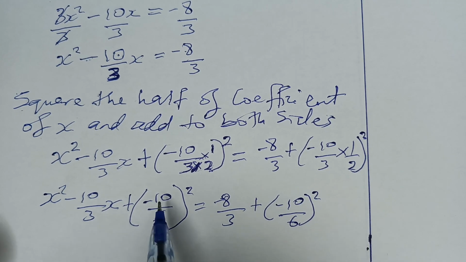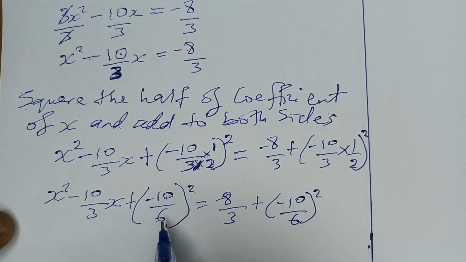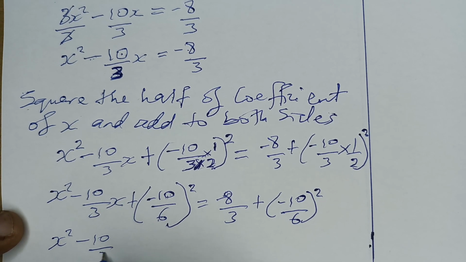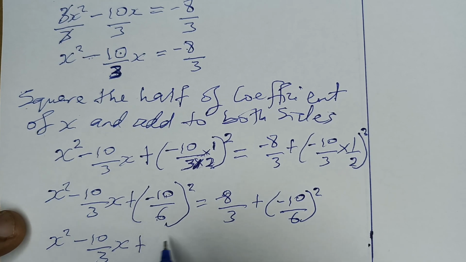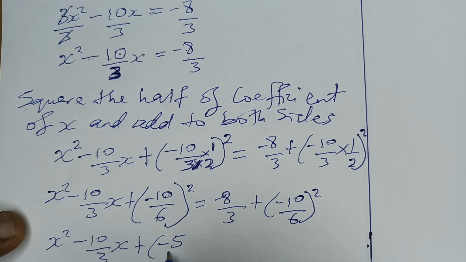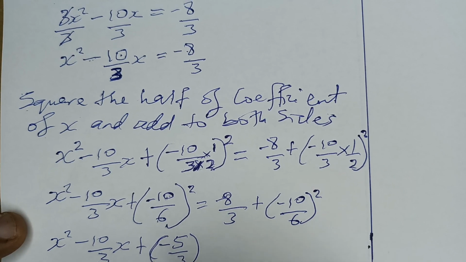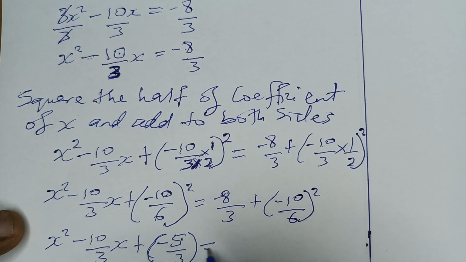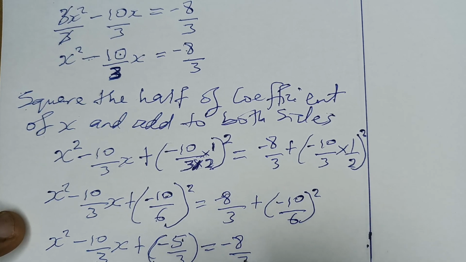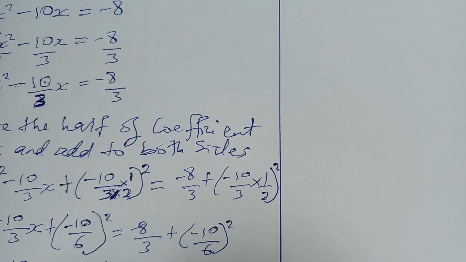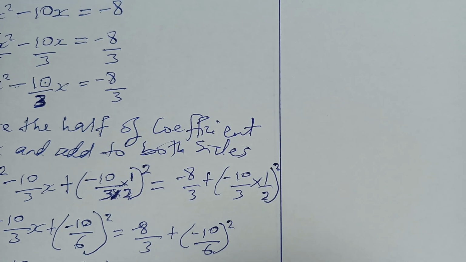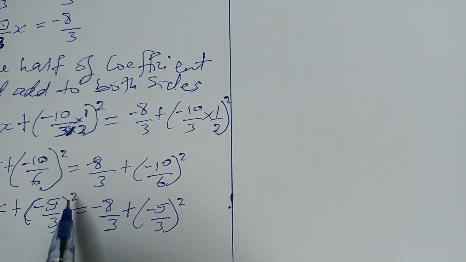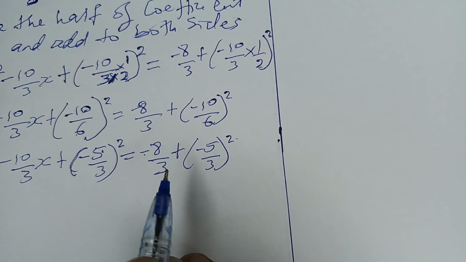In the actual sense, 2 can go here and 2 can also go here. So x squared minus 10 over 3 x plus minus 5 over 3, squared, is equal to minus 8 over 3 plus minus 5 over 3, squared. You shouldn't forget the square, please.